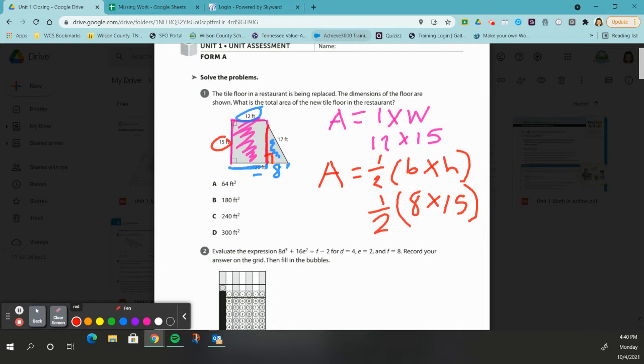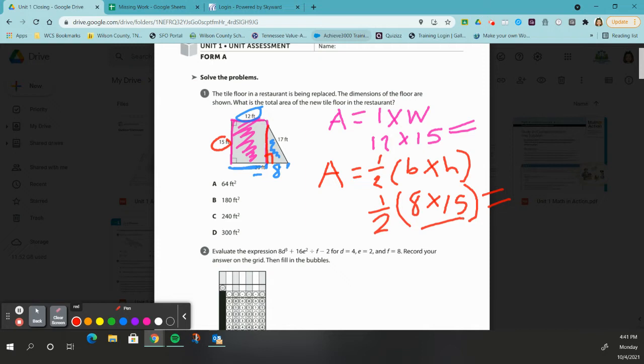So when you're finding this, you want to find what 12 times 15 is. Then you want to multiply 8 times 15 and then divide that by 2. You will get the area of your rectangle and the area of your triangle. You want to add those together.